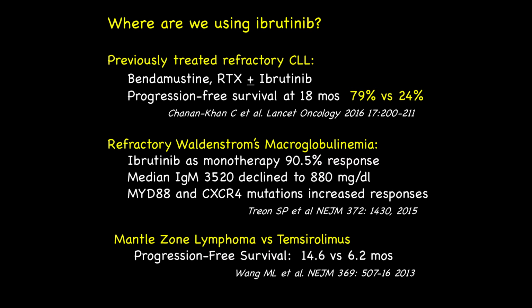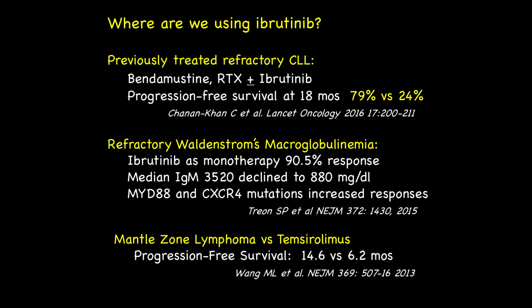In Waldenstrom's macroglobulinemia, remember this is a disease associated with mutations in MyD88 and CXCR4, leading to very high levels of IgM. Ibrutinib as monotherapy gave a 90.5% response rate, with the median IgM declining from 3520, which is 10 times the upper limit of normal, down to 880.